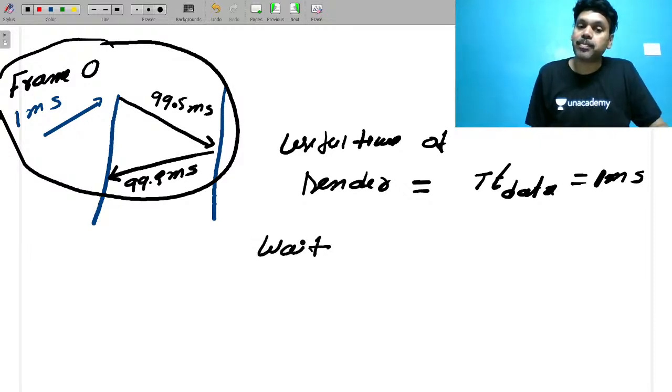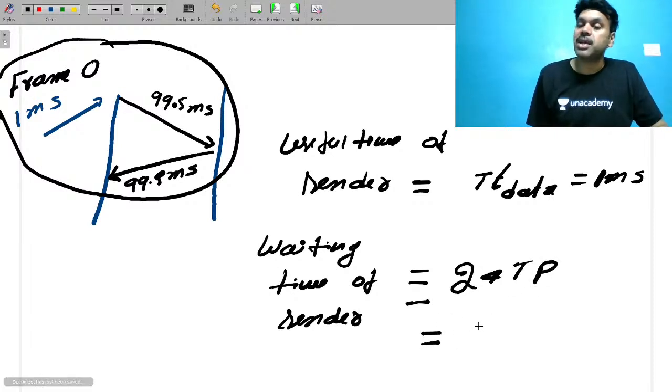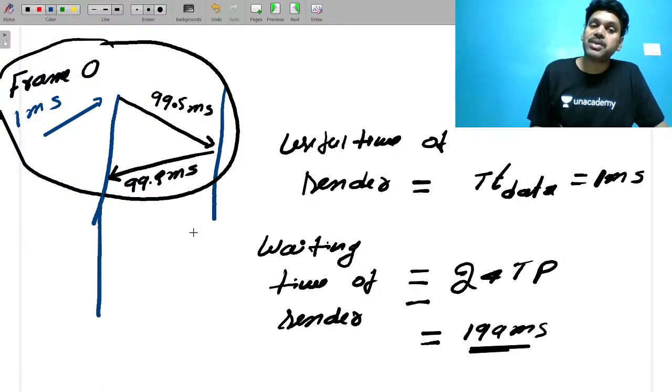The waiting time of the sender is the round trip time, or acknowledgement transmission time, which is 2 into TP. So how much time is waiting? 99, 99, 198, 199 ms is waiting. Unless the acknowledgement comes, I cannot begin the next transmission. So from here to here is your waiting time.